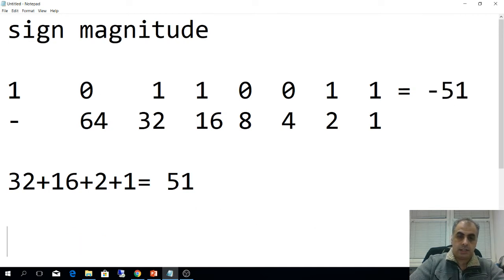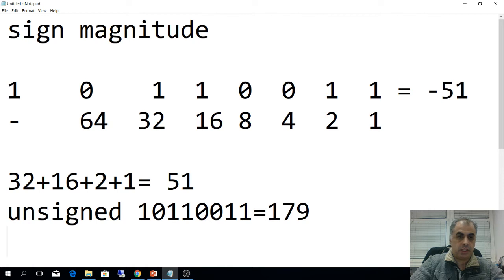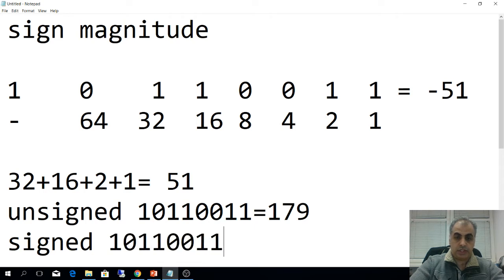As a result, if it is unsigned, the above mentioned number 10110011 is equal to 179. If it is signed, 10110011 is equal to minus 51.